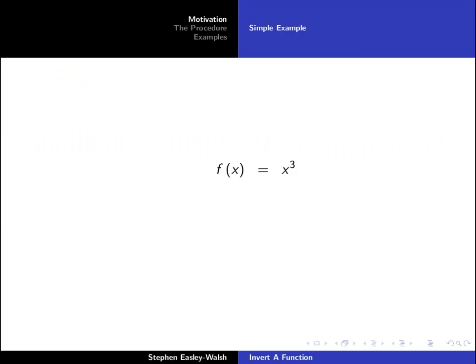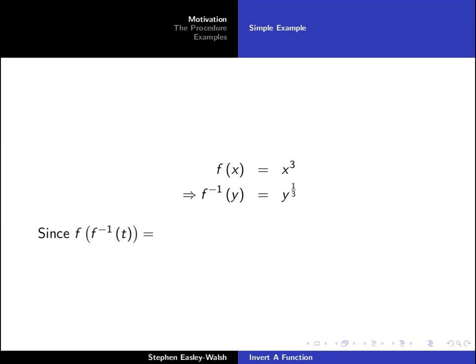Let's look at an example. Suppose that f(x) is equal to x cubed, and I tell you that f^-1(y) is equal to the cube root of y. For a moment, just take this to be the inverse, and we'll see later how to find it.